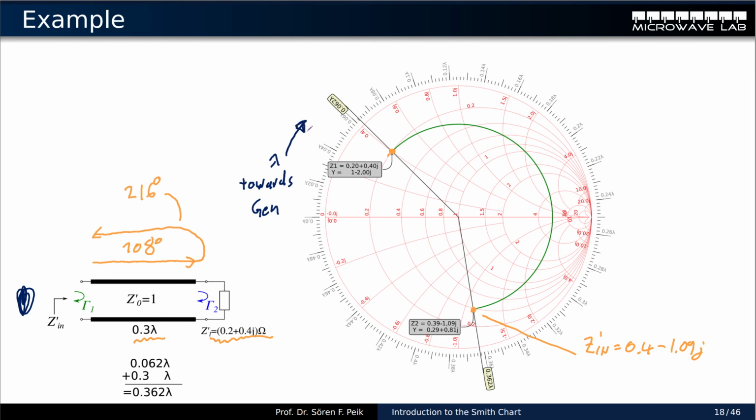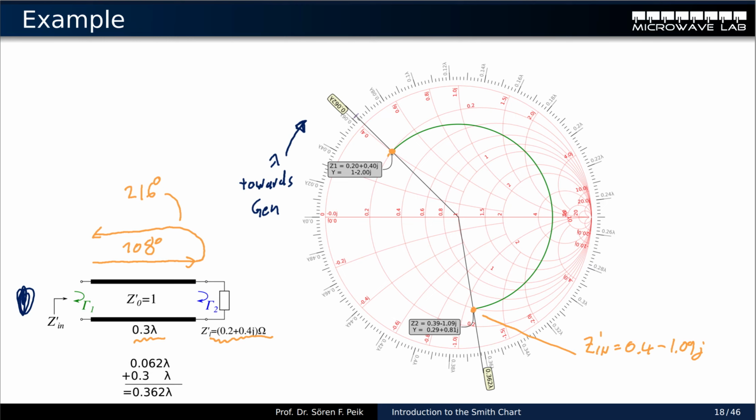This ruler helps us determine the amount of rotation, because you see it starts at 0 lambda, then here it's 0.25 lambda, and eventually becomes 0.5 lambda. So it tells me how much more lambda is inserted, which rotates the point.